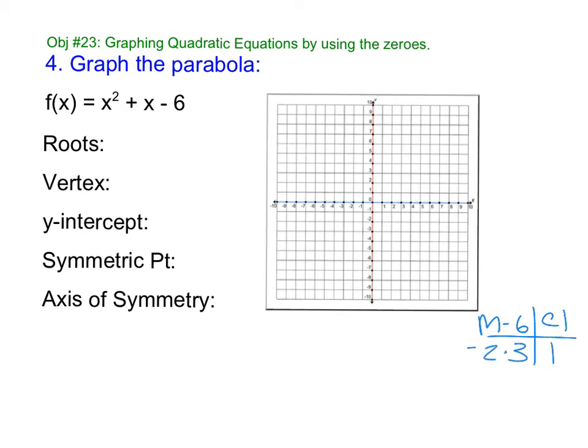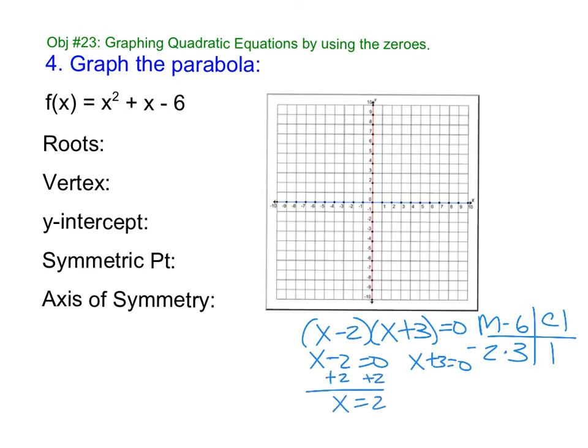That's -2 times 3, so x minus 2, x plus 3 equals 0. x minus 2 equals 0, x plus 3 equals 0. Add 2 to both sides, so we get x equals 2, subtract 3 on both sides, x equals -3. So x equals 2, x equals -3.